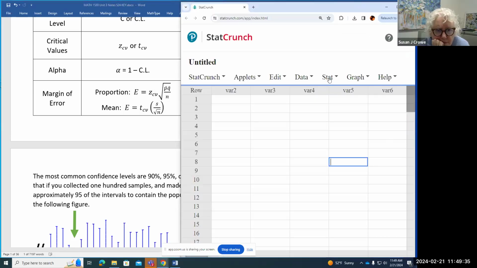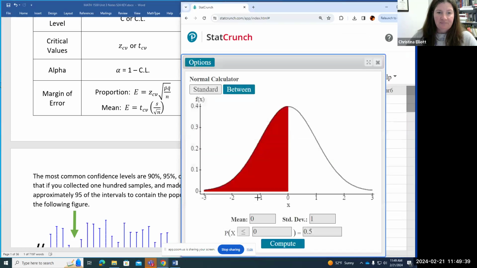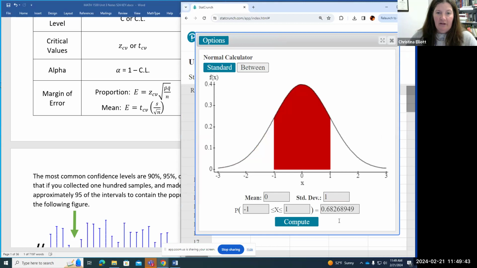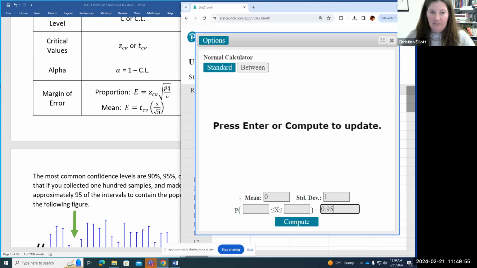So let's go to the normal calculator. If I go to Between, I can put my confidence level in for the area because that'll be the central area. So for a 95% confidence interval, you're going to put 0.95 in for the area between the two cutoffs.